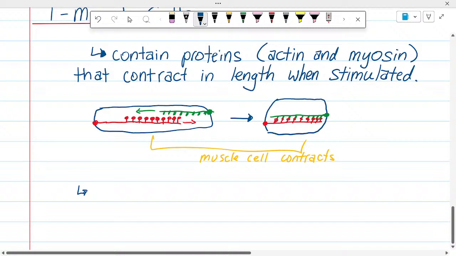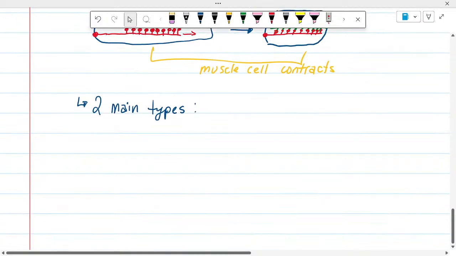There's two main types of muscle cells. What are they? Do we recall? You should have learned this in grade 10. It's probably been a long time for you. Where do you find your muscles? There's two distinct places in your body you find muscles. Yep. Arms, legs, fingers, toes, neck, attached to your bones.